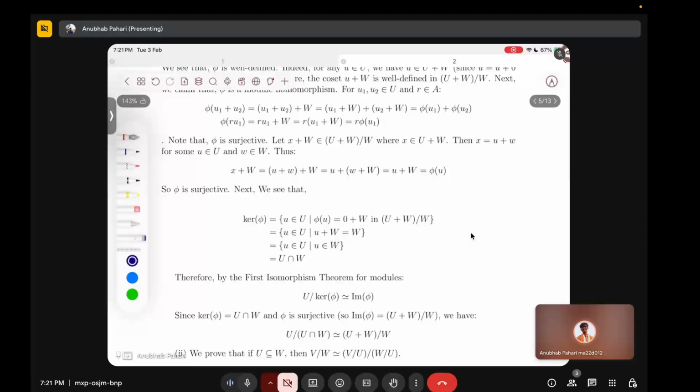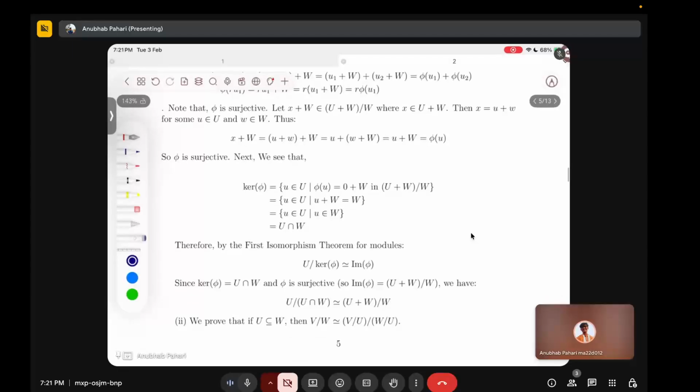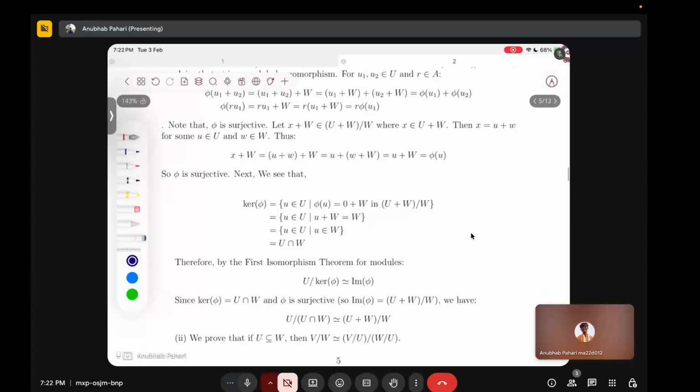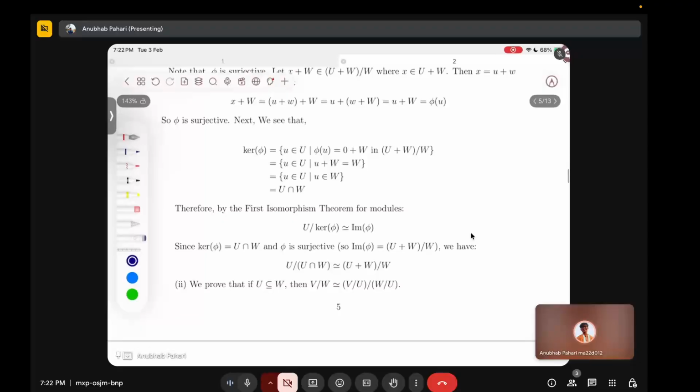So you already started with an element of U, and you saw that this is an element of W, so therefore at least one direction is clear, and the other direction is also fairly trivial. You can just check it yourself, because the elements are already contained in W, so therefore it will be in the kernel.